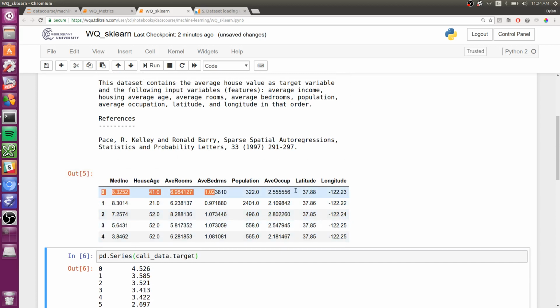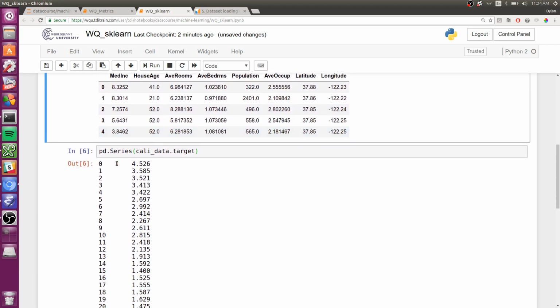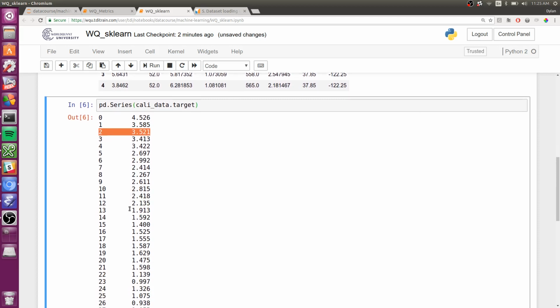So each of these rows corresponds with a region in California, and those are the median home prices in those regions, maybe expressed in hundreds of thousands of dollars. I don't really know.